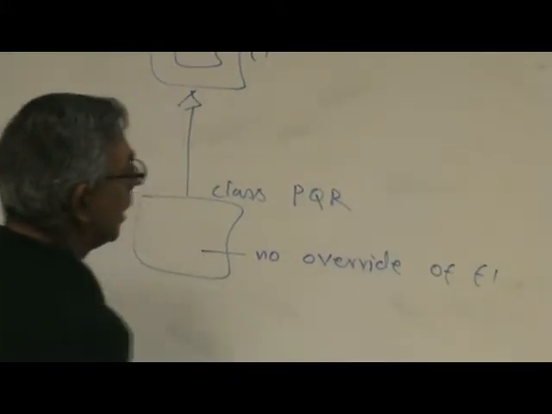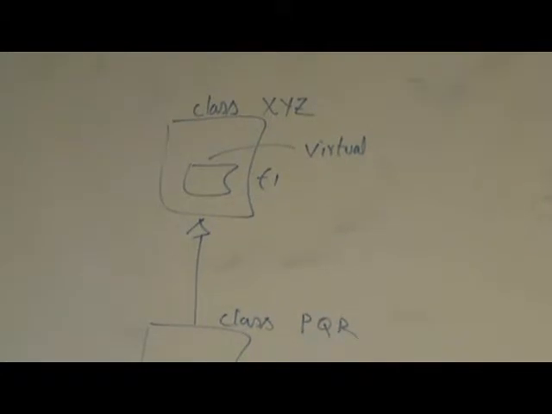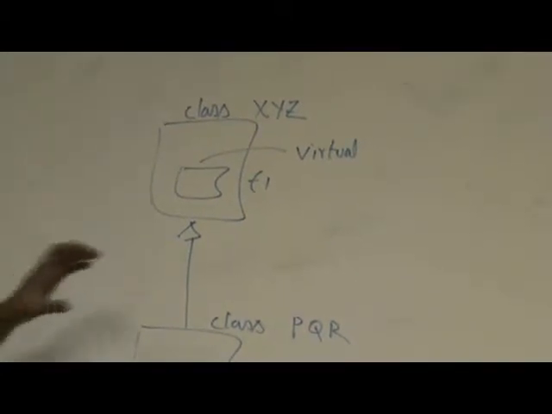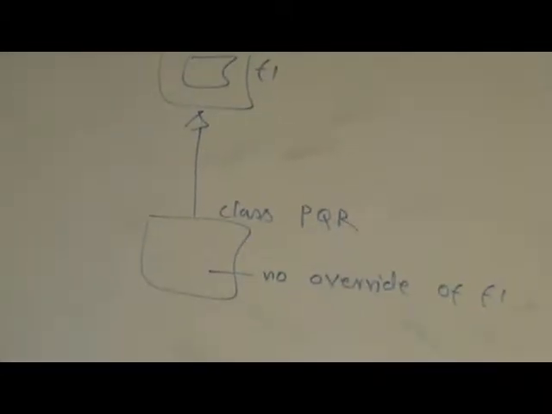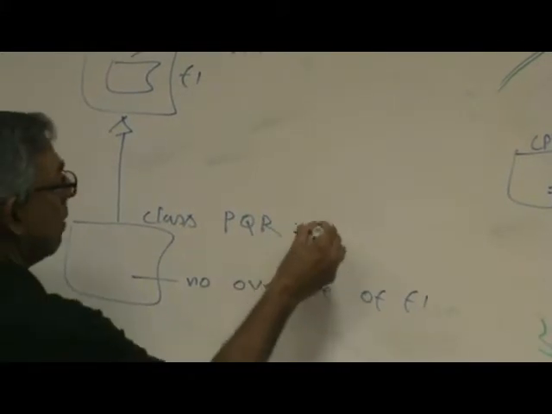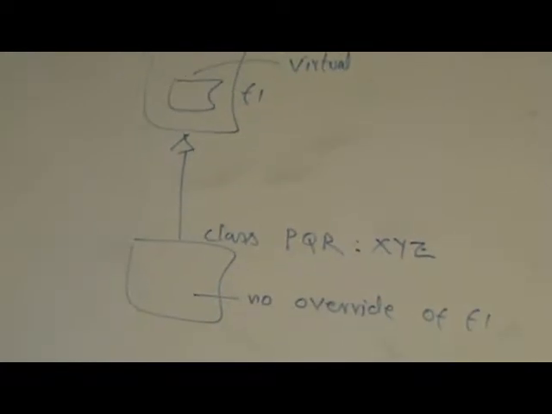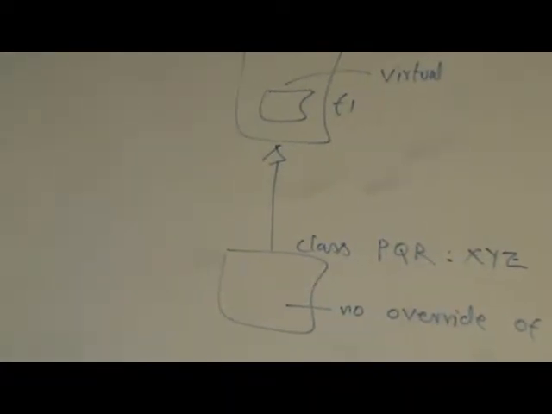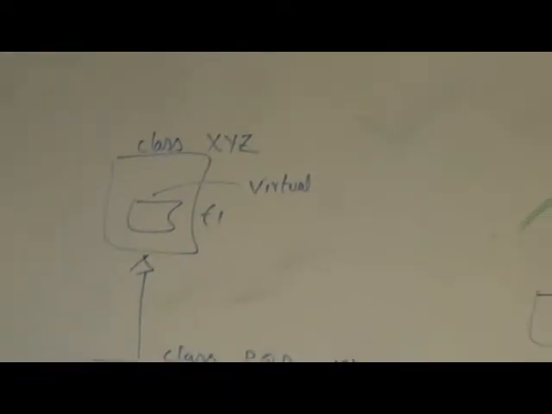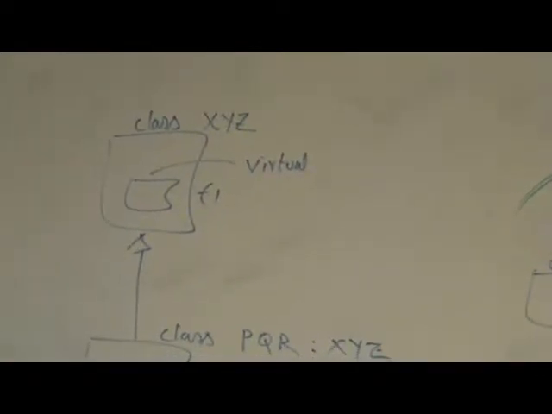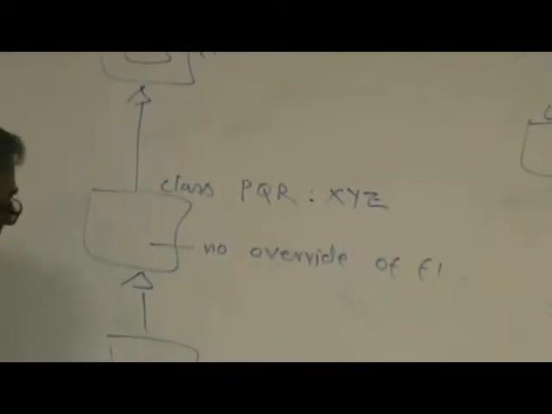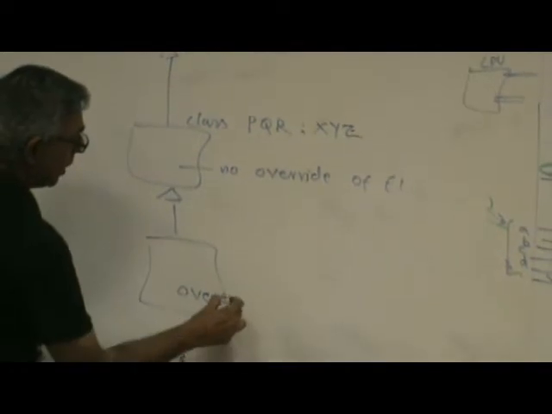What that means is, remember, once we inherit, everything is inherited. So this method is also over here, even though we did not override it, and it continues to stay virtual over here. So if you go further down, here you can do an override on F1.